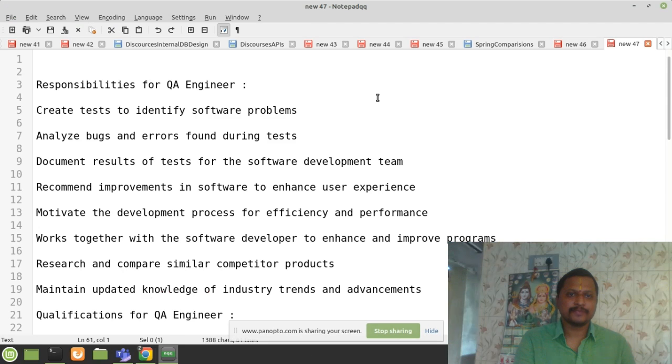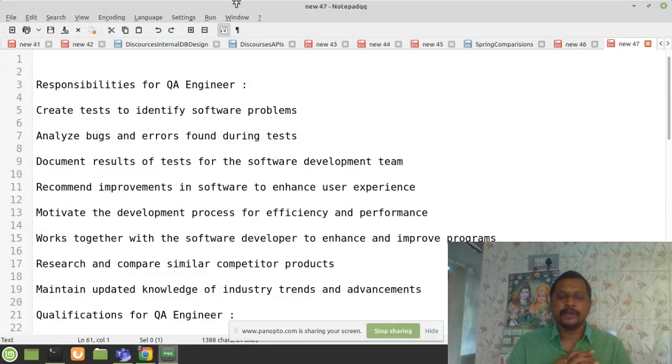what are the responsibilities of a QA engineer? The QA engineer must create tests to identify the software problems. That means if we have any problems in the software, the QA engineer needs to take responsibility to create a test to identify them.